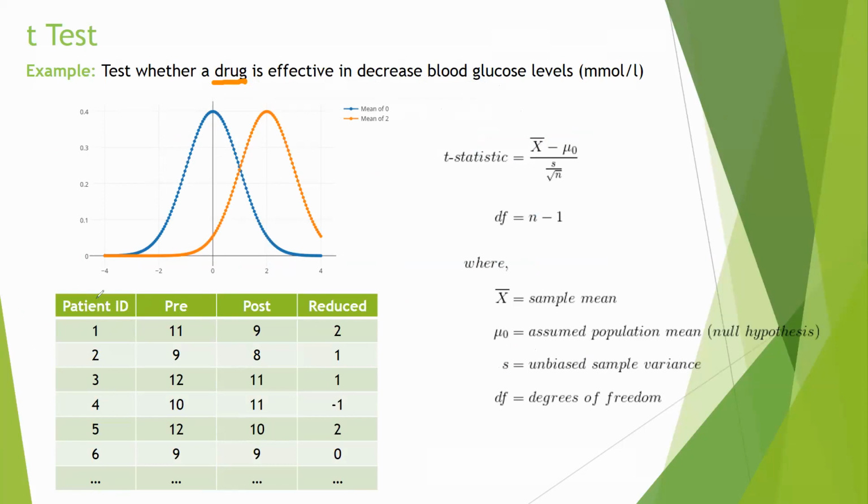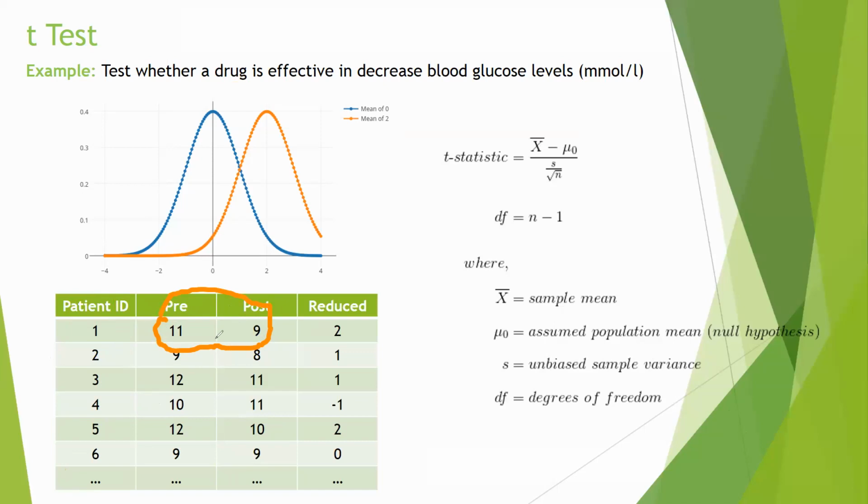To test this, we take a number of patients, and for each patient we measure the blood sugar level pre and post treatment. Because this is a special design, we're going to treat this as a paired t-test.